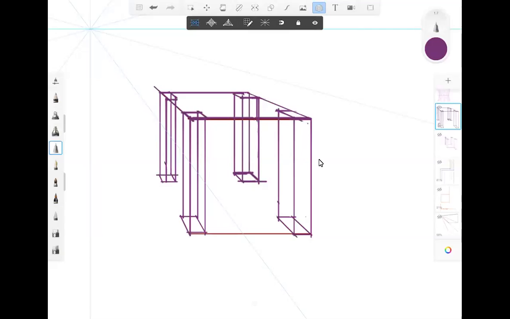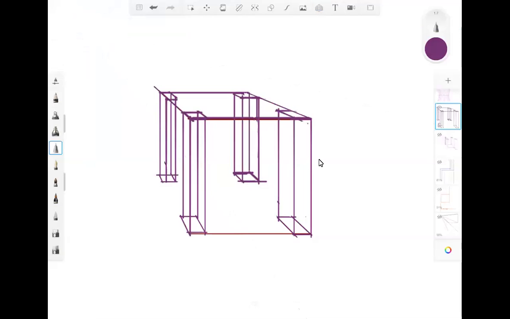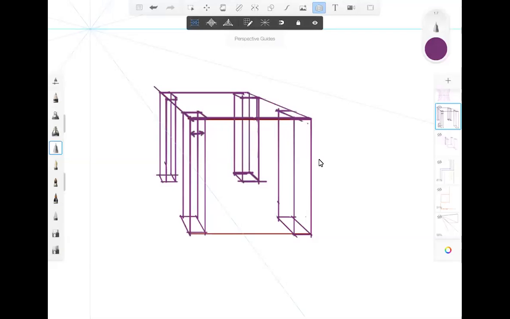What I want you to do is look at this visual distance here, and I want you to assign that visual distance here. That's right, you're just going to guess.